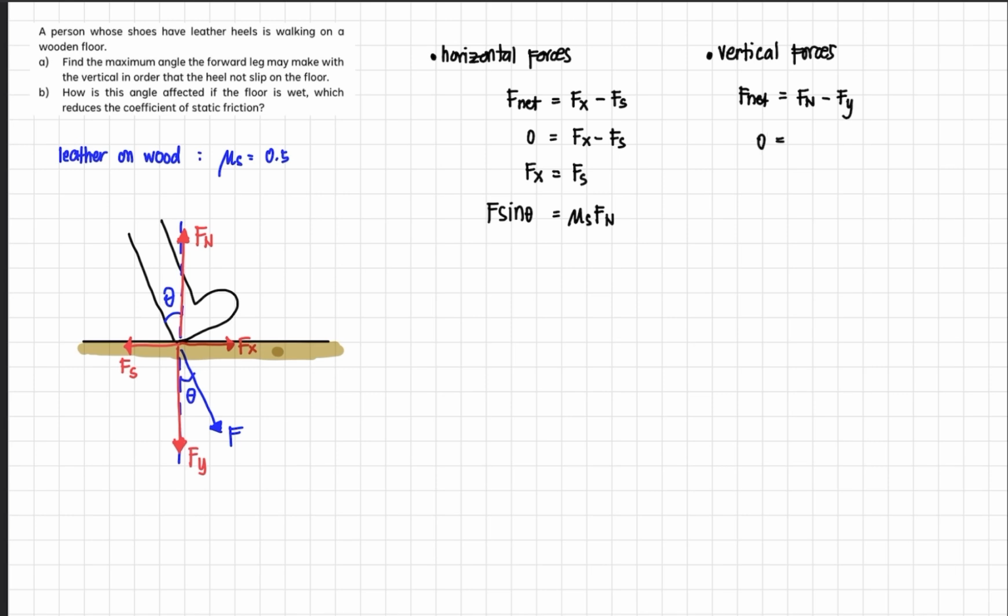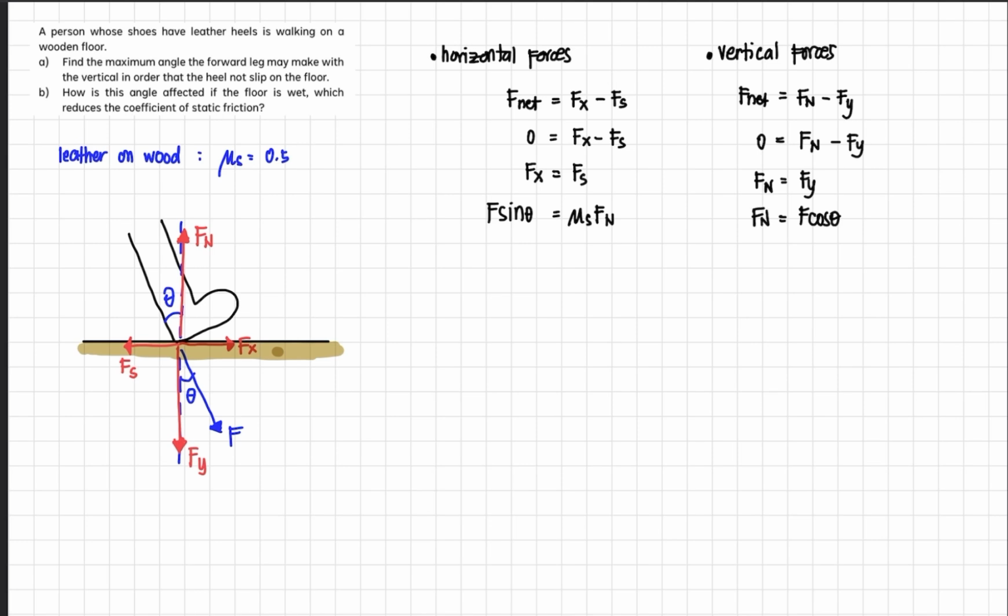So Fn minus Fy equals 0, so Fn equals Fy, and that is F cosine theta.